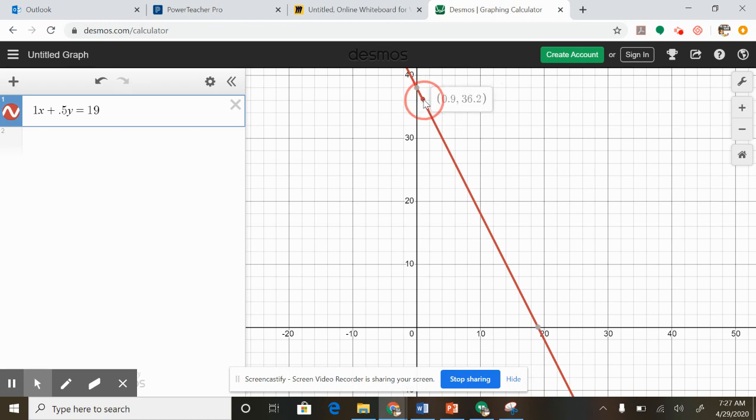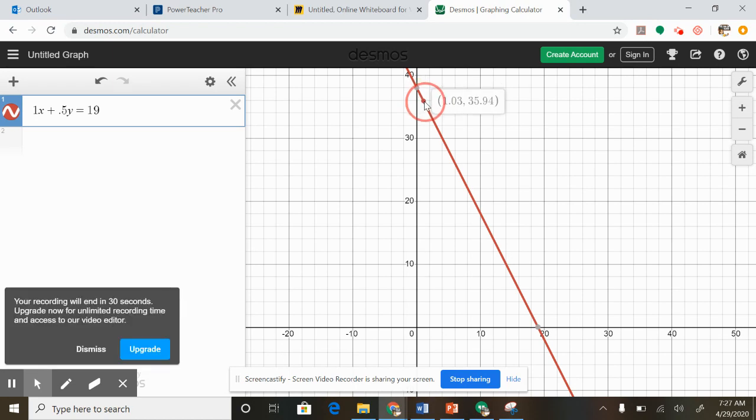But right here, (1, 36), I could have 1 hot dog and 36 drinks. I could have 2 hot dogs and 34 drinks, 3 hot dogs, 32 drinks, 4 hot dogs, 30 drinks, 5 hot dogs, 28 drinks, and so on. All of these would work.